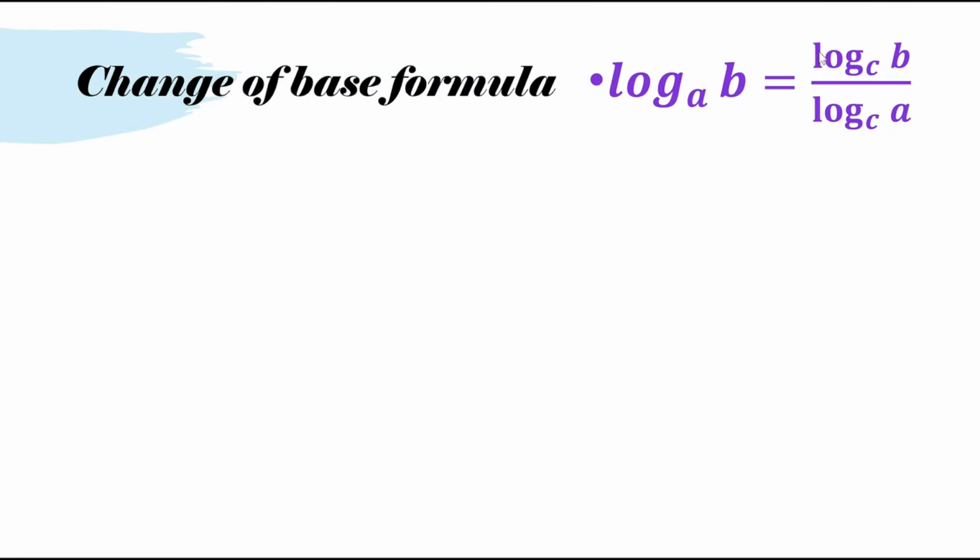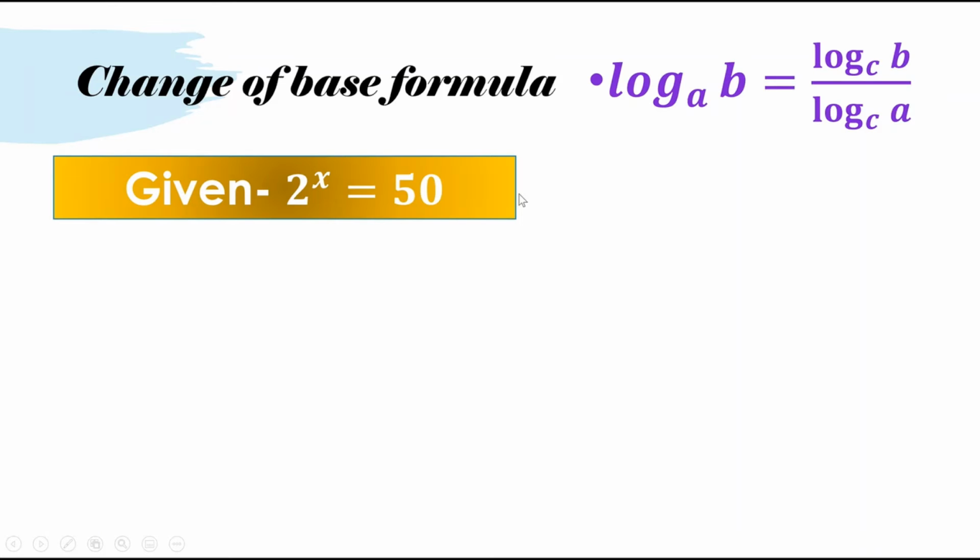On the right hand side, you can notice that both numerator and denominator have the same base, c. Whatever on the left hand side was the argument comes to the numerator, and whatever was the base comes to the denominator. Please remember this formula by heart.